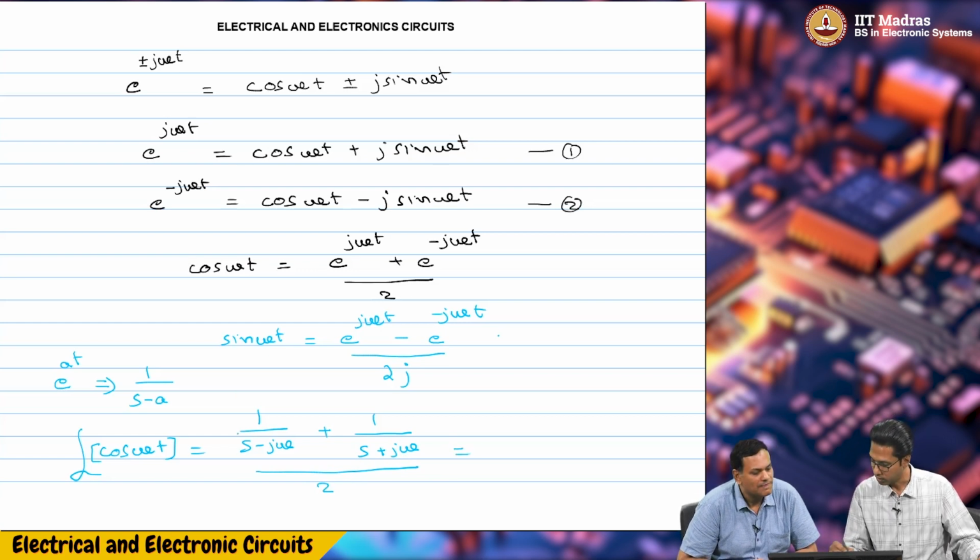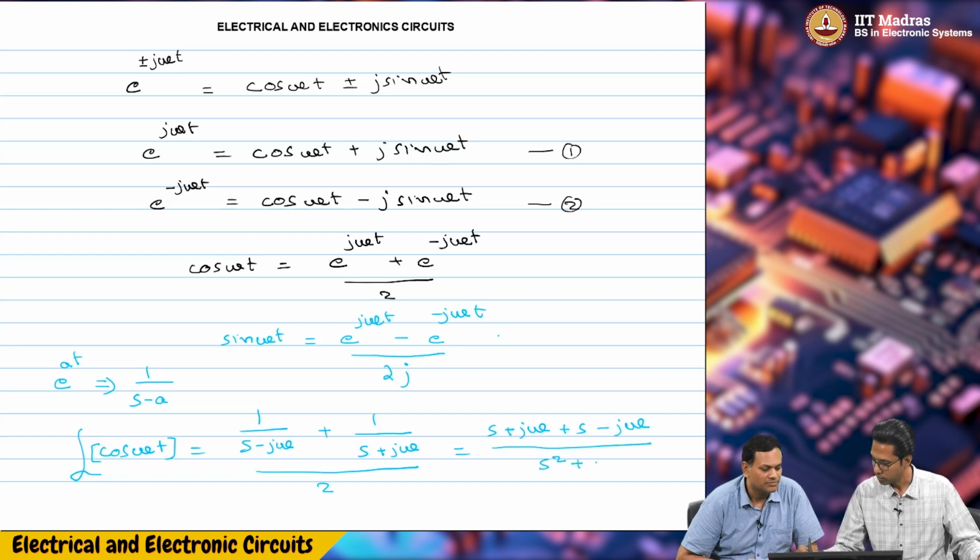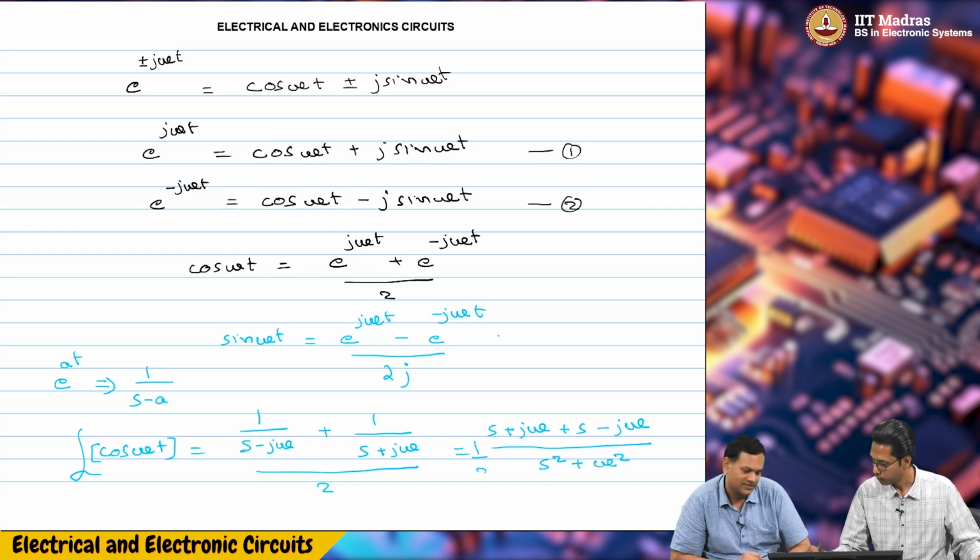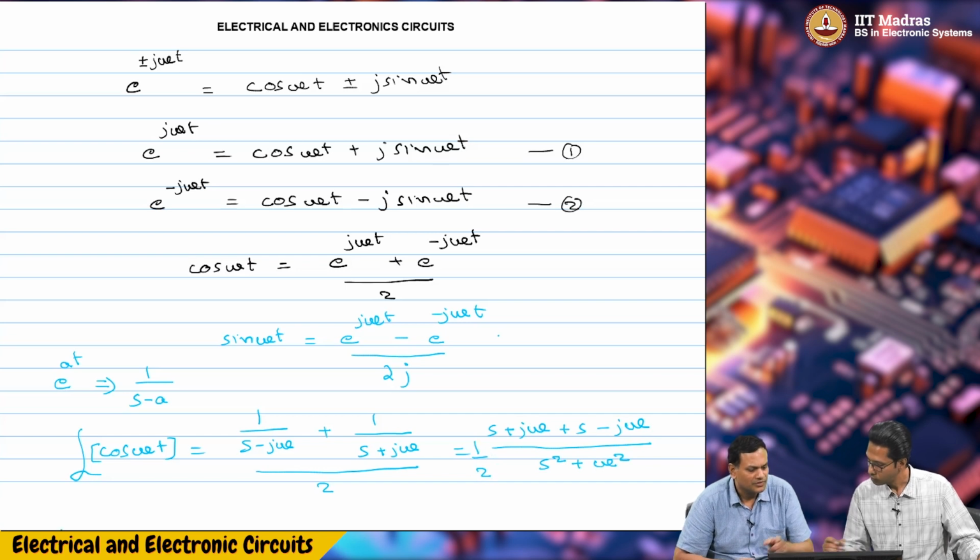Taking the common denominator, this will be s plus j omega plus s minus j omega, divided by s square plus omega square, with the 1 by 2 outside. The j omega terms get cancelled, and the 2 also gets cancelled because you have s plus s, which is 2s.